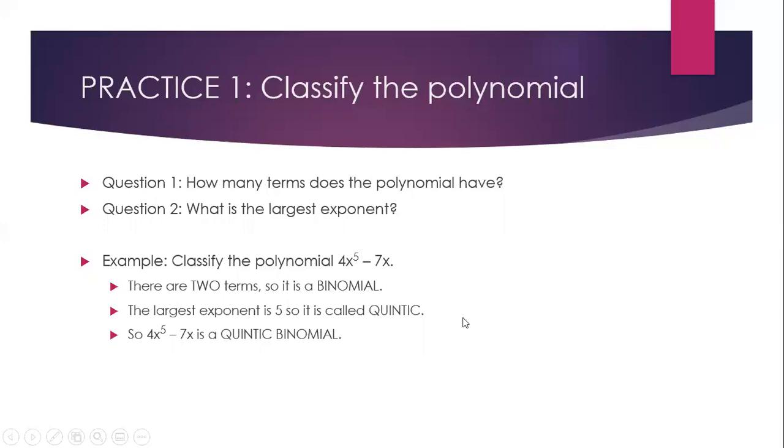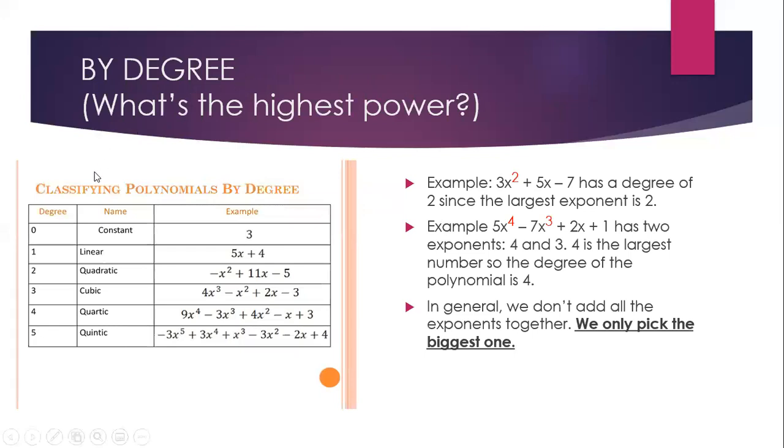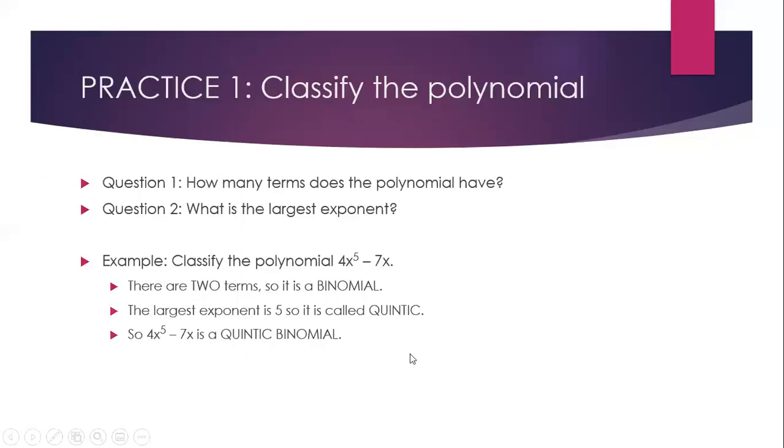So what's that called? Well, let me look it up. If I have a degree of 5, what would I name it? I would name it a quintic. I'm going to call it a quintic polynomial. So let's put it all together. It's a binomial and it's quintic. So that makes it a quintic binomial.